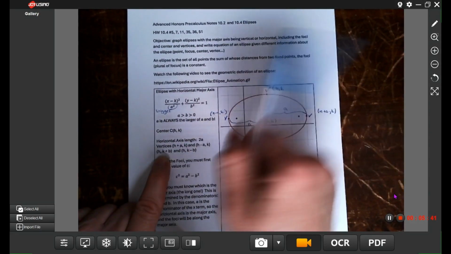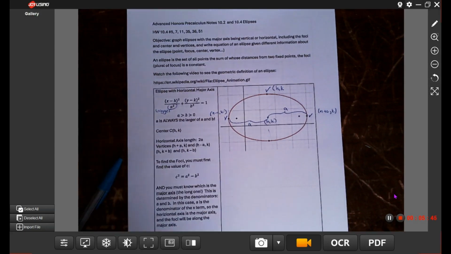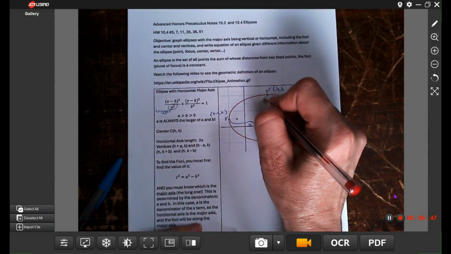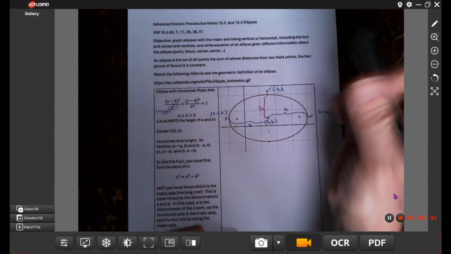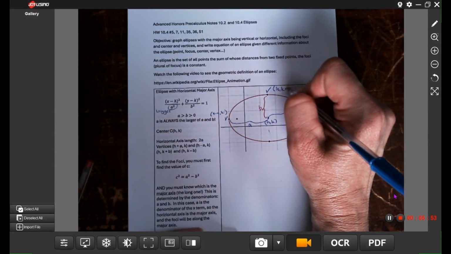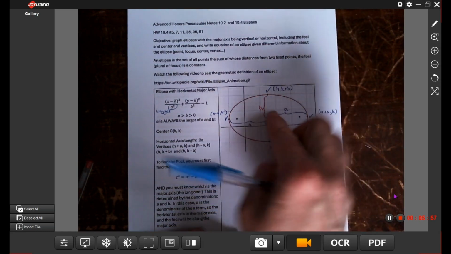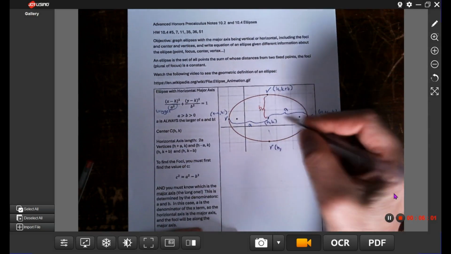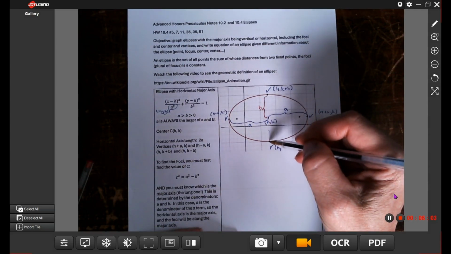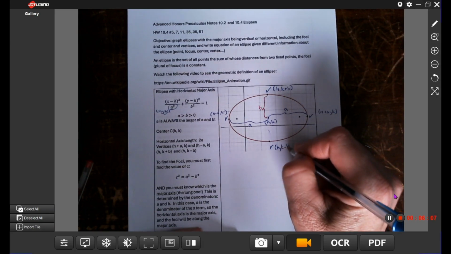We're adding b. So this distance is b. So this point would have a y component k plus b, and this vertex, the x is staying the same, so h, and the y component is moving down a distance of b, so that would be k minus b.